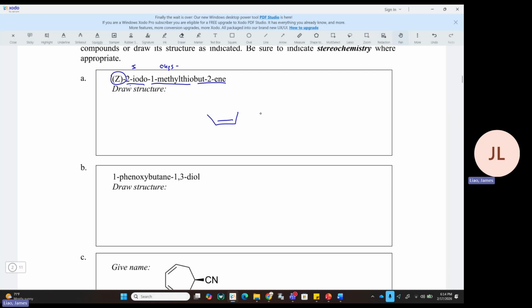So butene, 2, 3, 4, 2-iodo, which means it's going to be over here. So I'm going to have my iodine right here. And then the 1, I'm going to label as my 1 right here, just for clarification. I need to put in the methylthio. So I need to put a sulfur on this 1 right here, and then there.